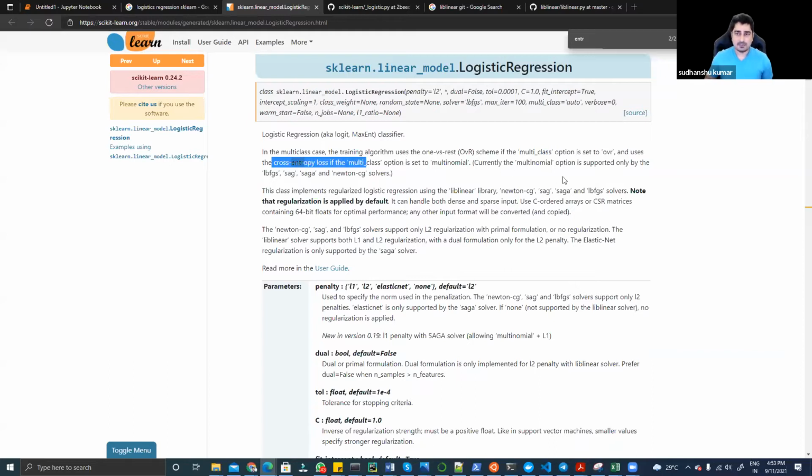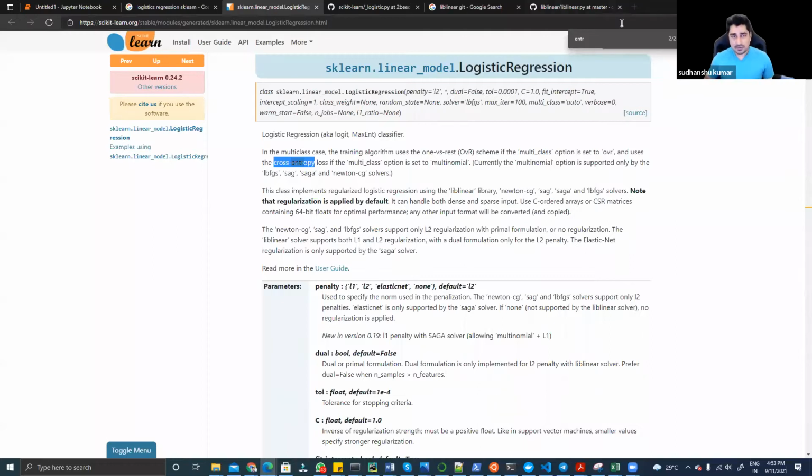The multinomial option is supported only by this solver. So in case of multi-class classification, it is always going to use cross entropy as the function. That is an interview question that will be asked.